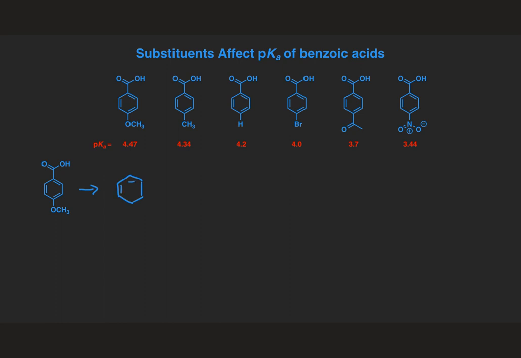The most acidic proton in this compound is, of course, the hydrogen attached to the carboxylic acid. So we're going to pull that off. And that's going to leave a minus charge.